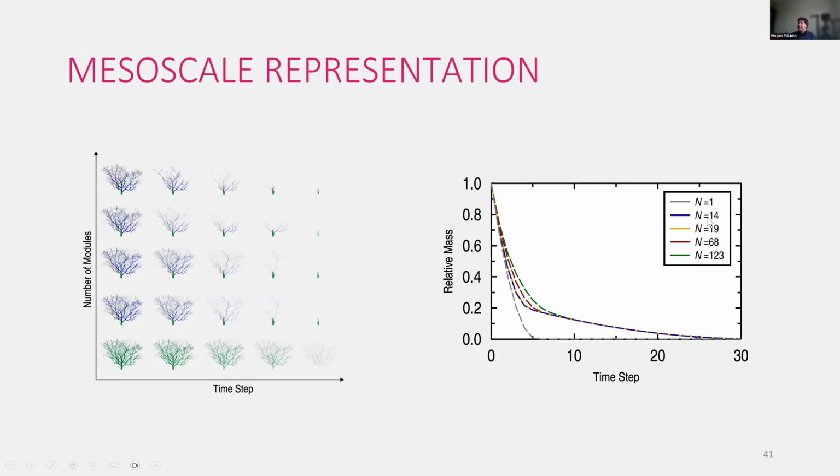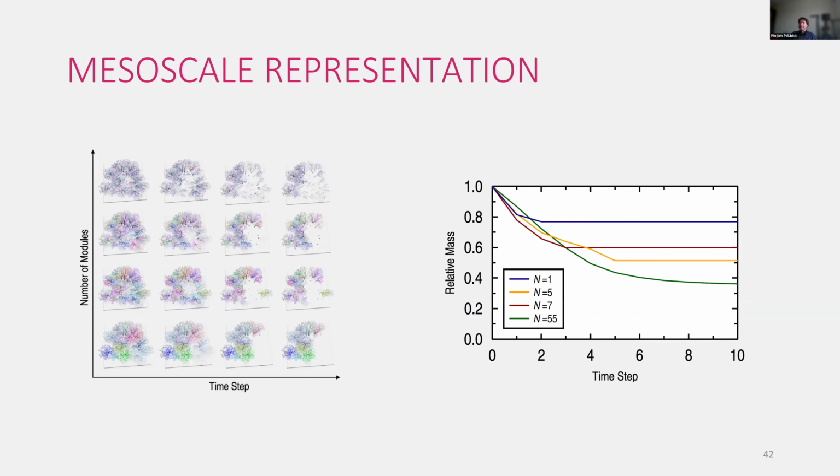But if we have already something like 14 modules, we can actually get a combustion which is quite similar. Essentially, using a small number of modules seems to already give us a somewhat similar simulation compared to the more detailed description of the spatial layout of the fuel, which is contained in our plants.